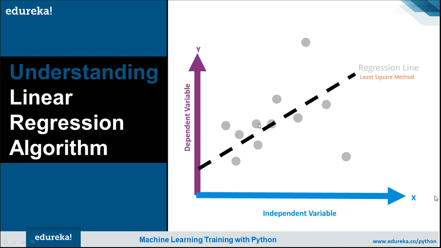Or if you find out how far away these data points are from the line, it should not be much far away from the line, right? The closer the data points are to the line, the better, right? So we call that the error should be less, or the error method which we will be using is the least square method actually, right?